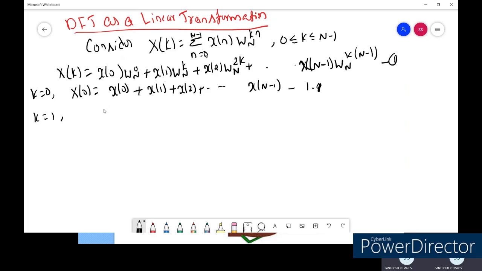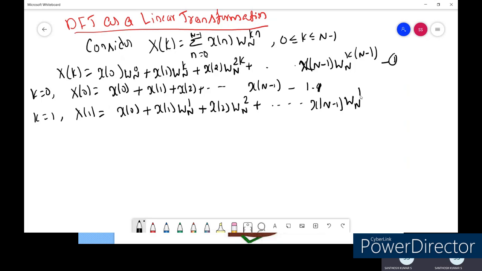So it becomes X of 1 is equal to x of 0 plus x of 1 into omega N to the power of 1 plus x of 2 into omega N to the power of 2 and so on up to x of N minus 1 into omega N to the power of N minus 1, since the k value is 1. Call this equation number 1.2.